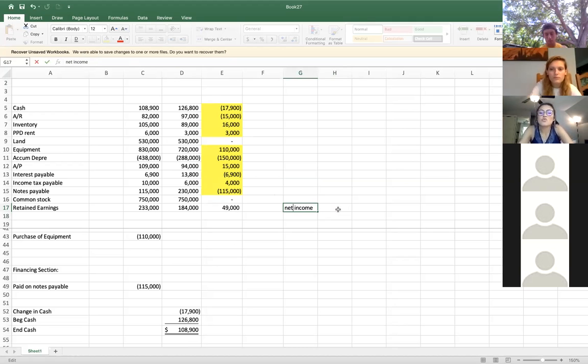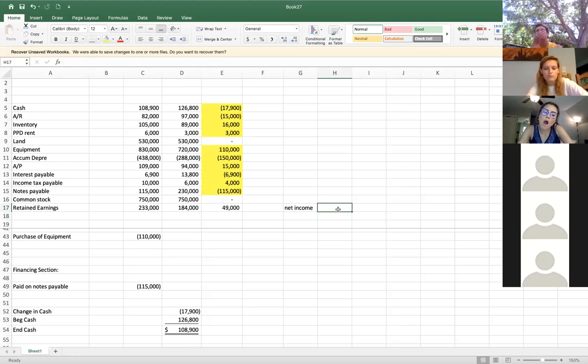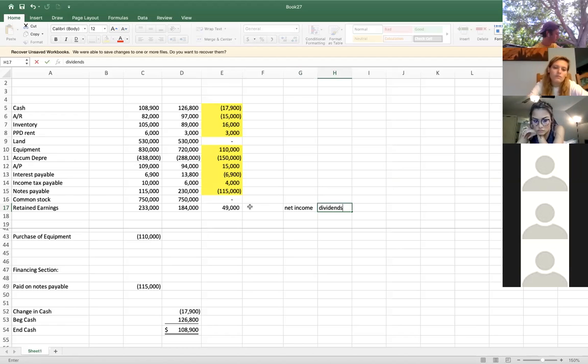Revenues? Net income? Well, I'm trying to get you to combine revenues and expenses. Remember, we had beginning retained earnings plus net income minus dividends, right? What was net income? What did it tell you net income was?